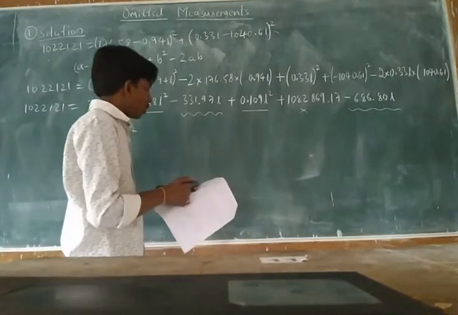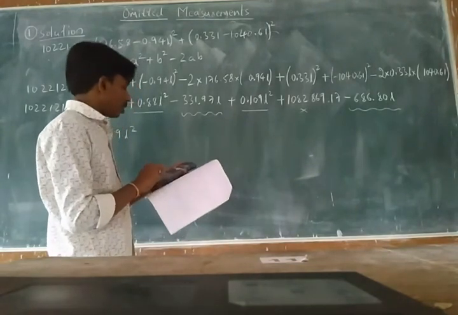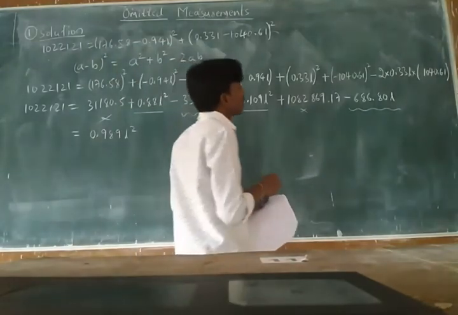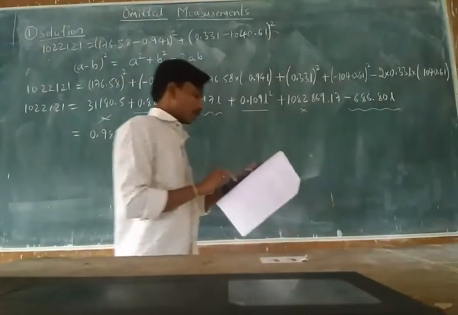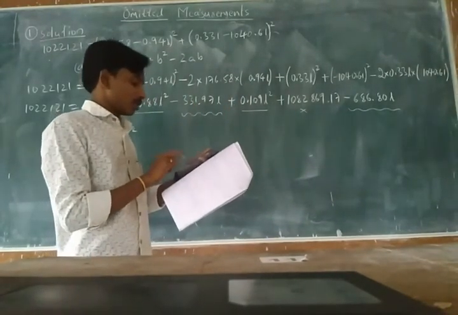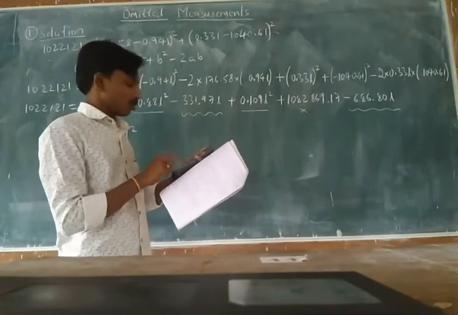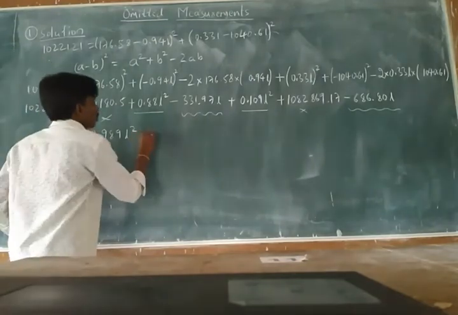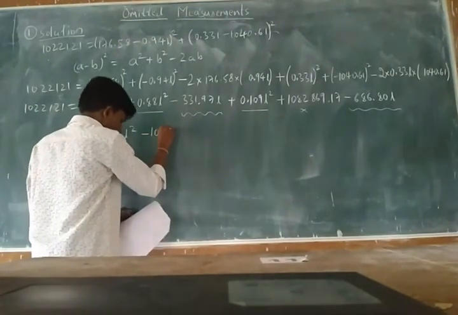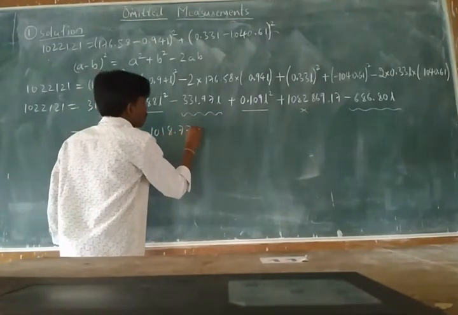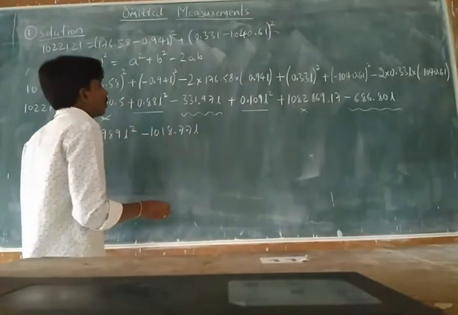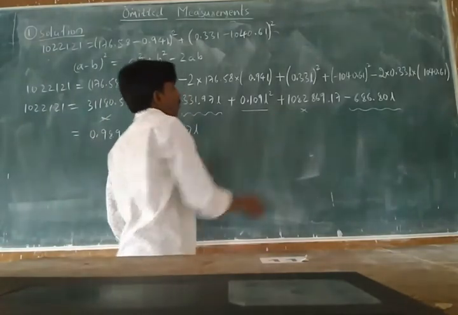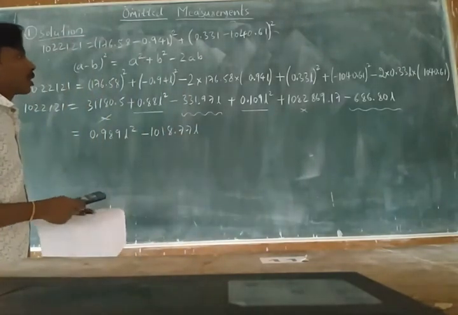Again we have to add L values. So here we have L values in minus 331.97, and here minus 686.80. So that will become minus 1018.77 L. Now we have to take the sum of these two numericals.